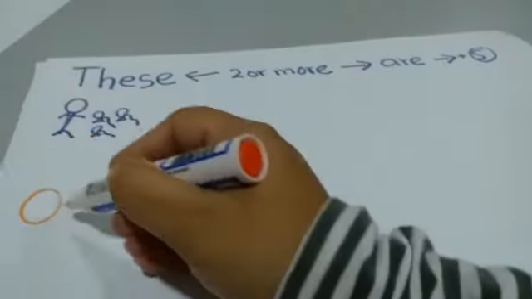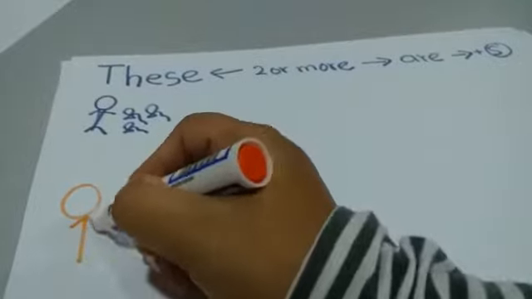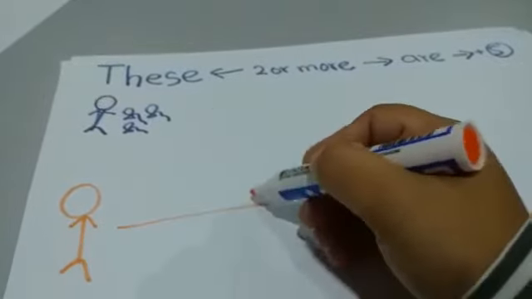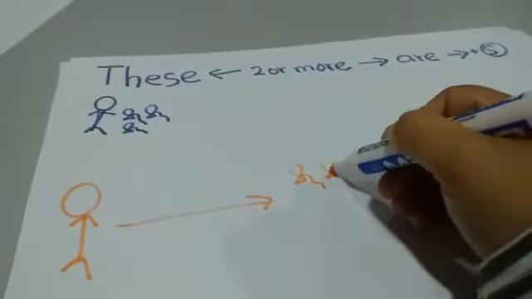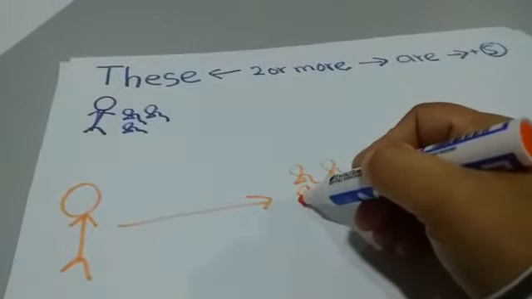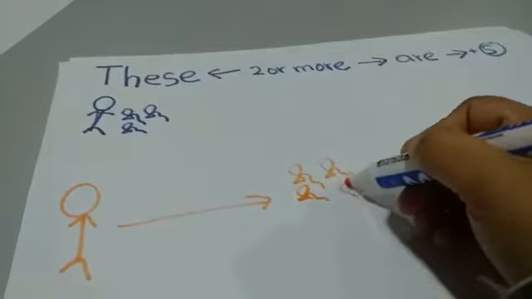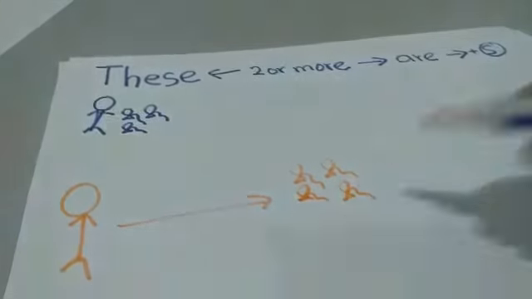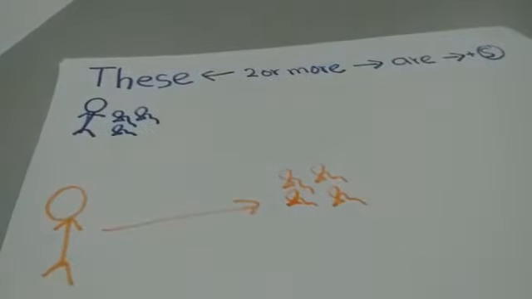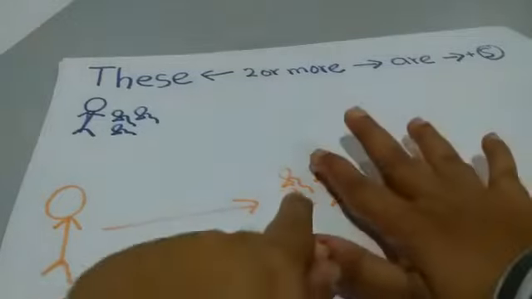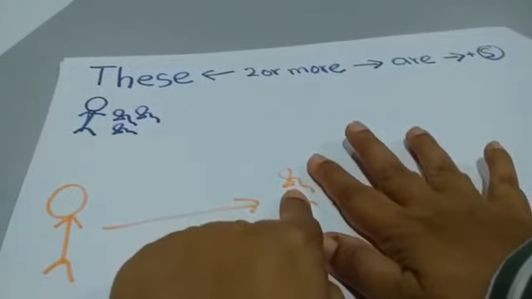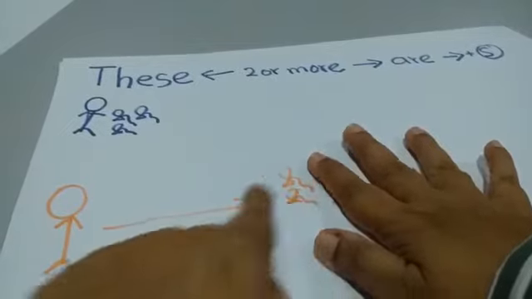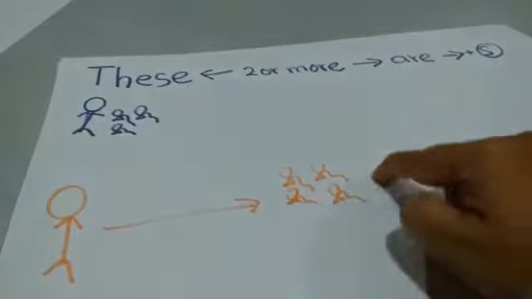Now this is the student and the balloons are far away from the student. Now if there was only one, what can you use? That. Okay, if it is only one, you can use that. Now there is more than one.